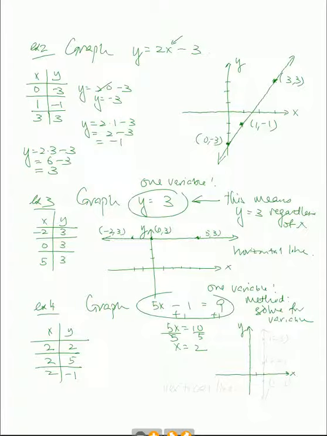But the y can vary, so that's my 2, 2 right there, or it can be 2, 5 right there, or it can be 2, -1 right there. And these 3 points still line up, but this time they form what you call a vertical line.